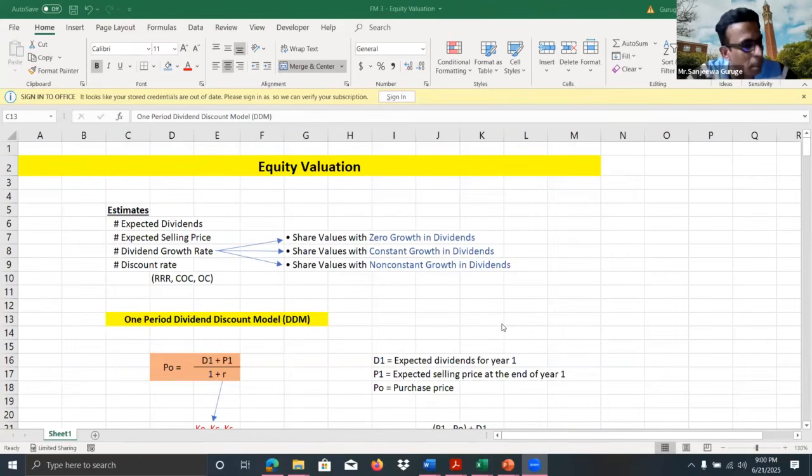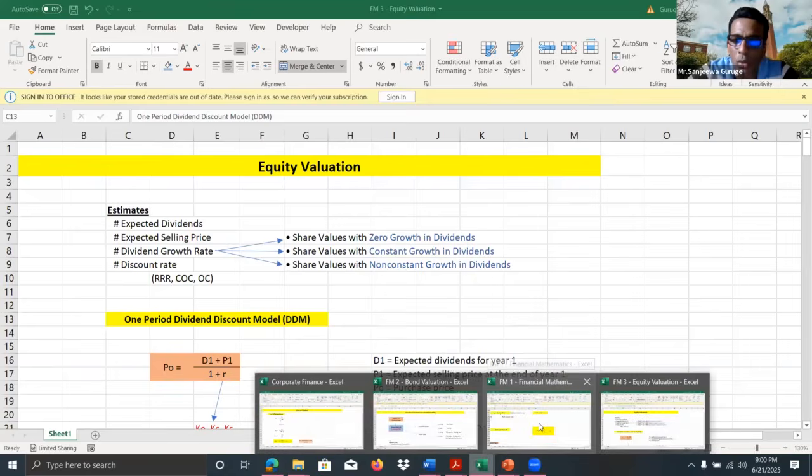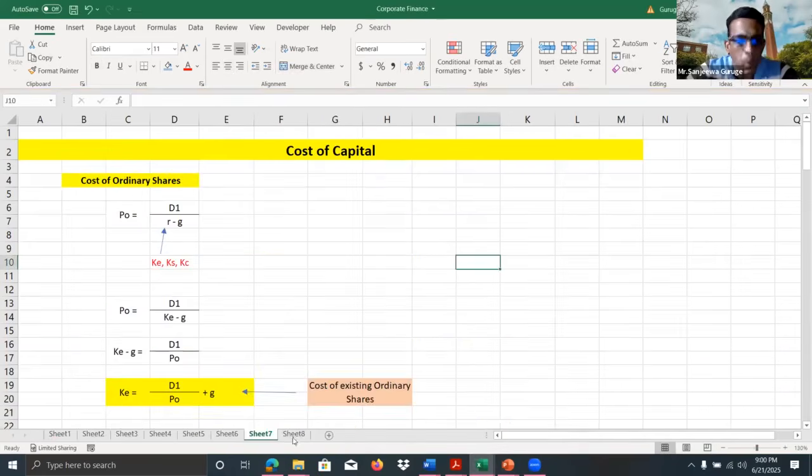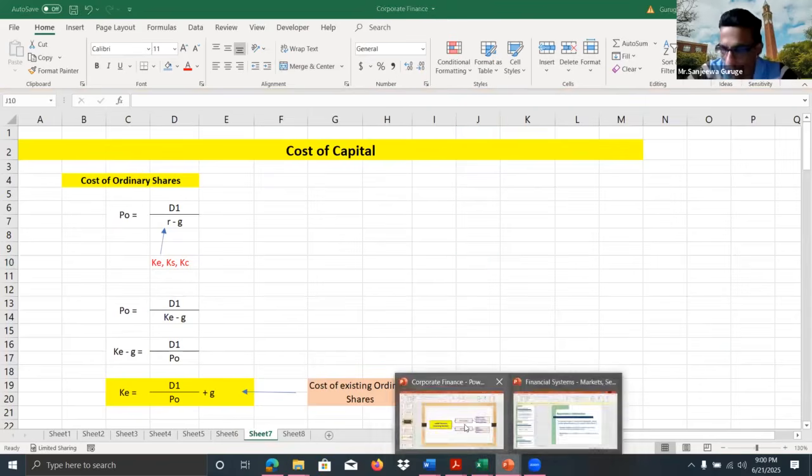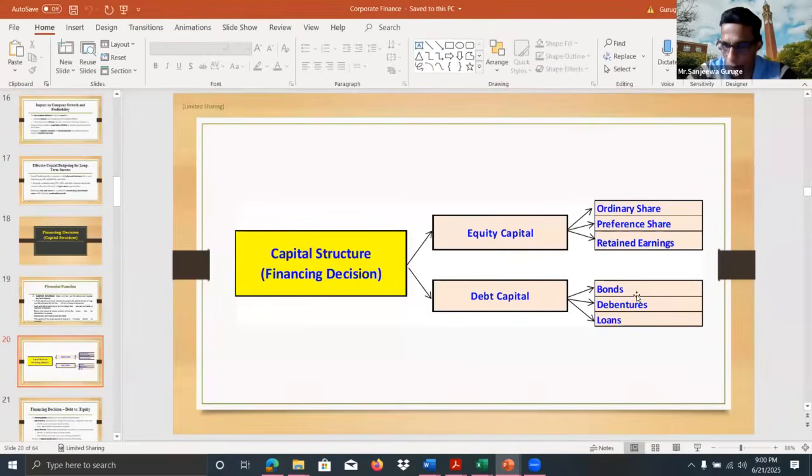We can use CAPM to estimate the cost of equity, and especially when we are going to calculate the overall cost of capital, we should know how to calculate the cost of these different sources. How to calculate the cost of ordinary share, cost of preference share, cost of retained earnings, cost of bonds, debentures, loans, and finally, the weighted average cost of capital.